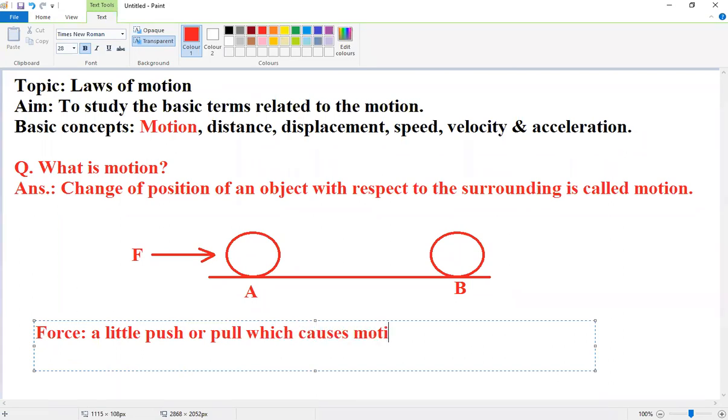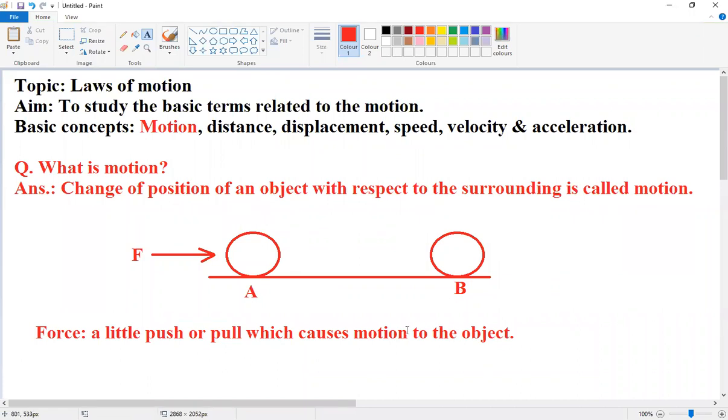Now see, there are two points as shown in this figure, point A and point B. After applying force on this object, it changes its position, it gets displaced from its original point A to point B. So while displacing, it covers a certain distance.